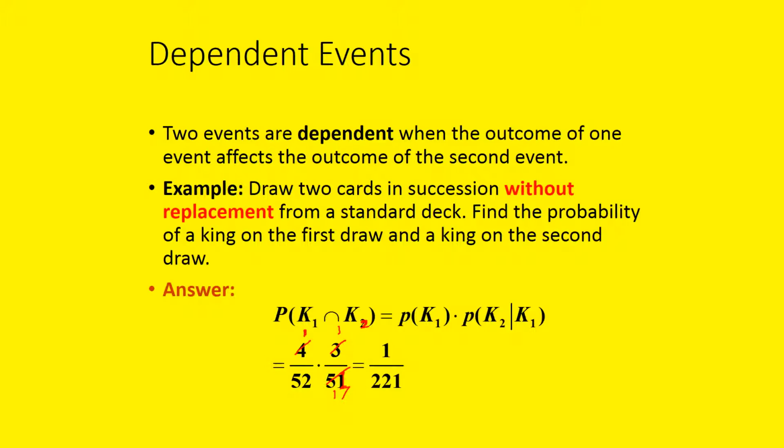So that way we can see that we do have the 1/221. 169, and then you had 4 more 13s in the denominator, or 52. So 1/221. That's probability of king on the first draw, king on the second draw, but without replacement. Slightly less likely than in the with replacement situation.